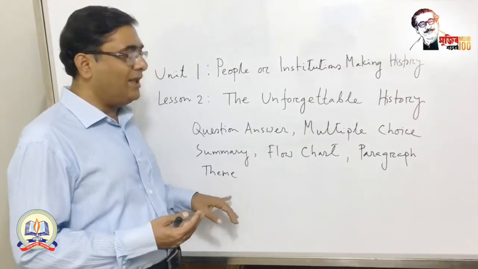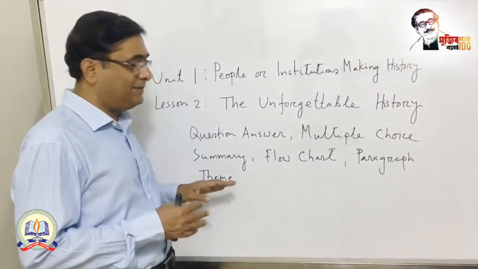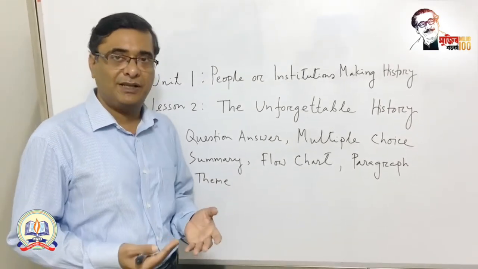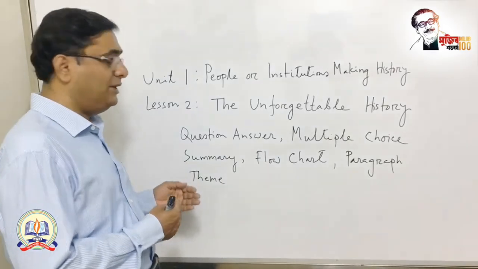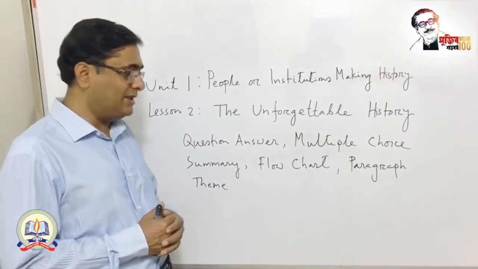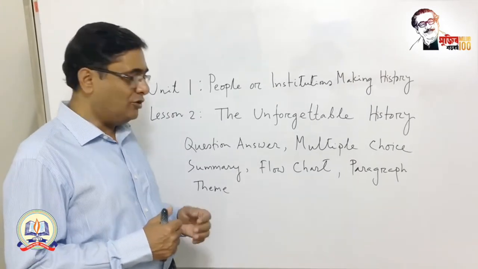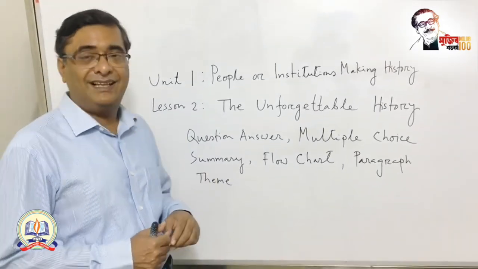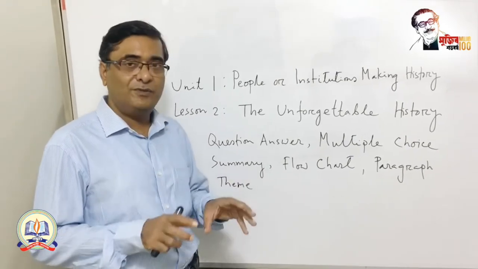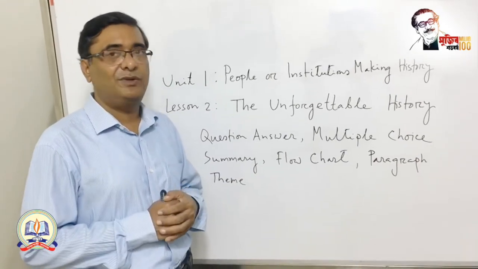This passage can be seen or unseen, and this poem can be seen or unseen. But if we look at the question papers of different boards over the last couple of years, we have noticed that in most cases a poem is selected from the book in order to write the theme. That is why the poems that you will see in the book are also very important for theme writing.